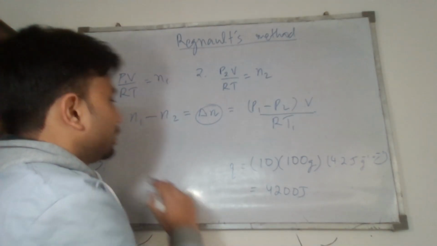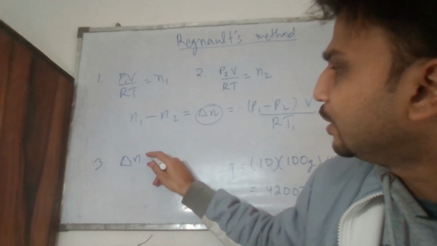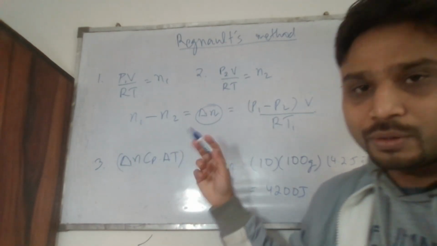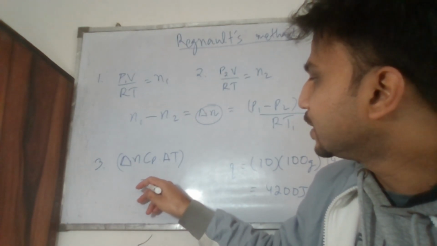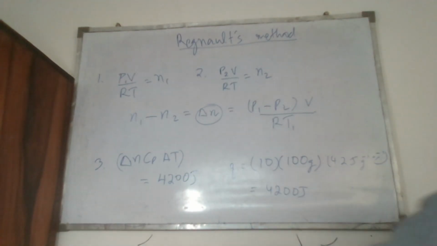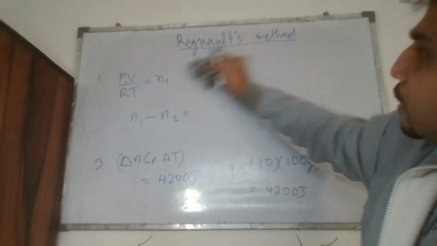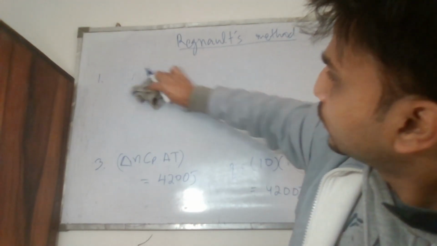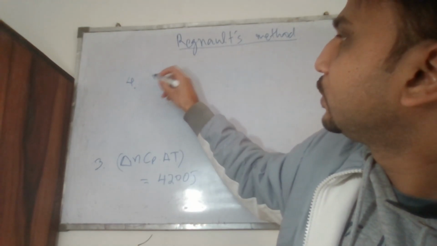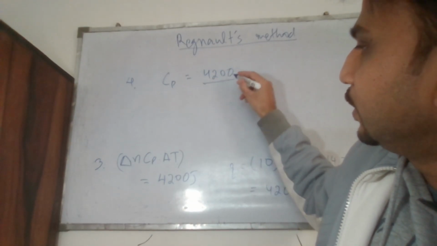We'll say delta n into Cp into change in temperature of the gas is equal to 4200 joules. So Cp equal to 4200 divided by that.